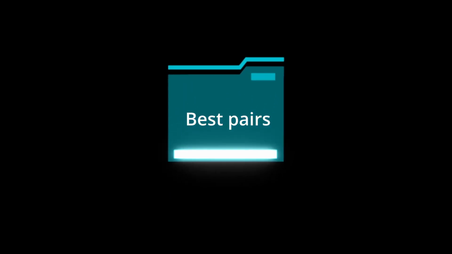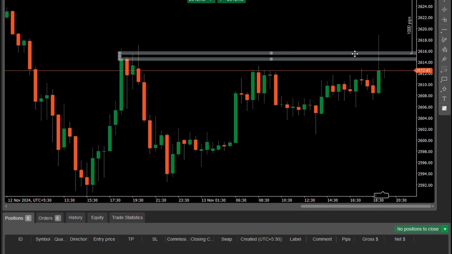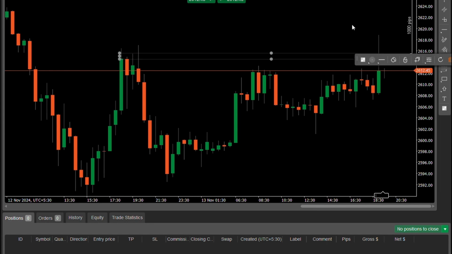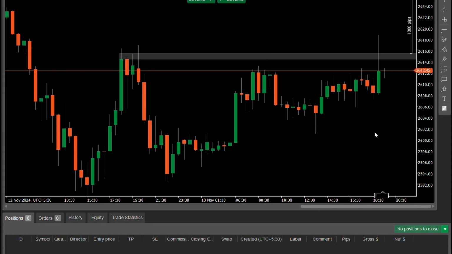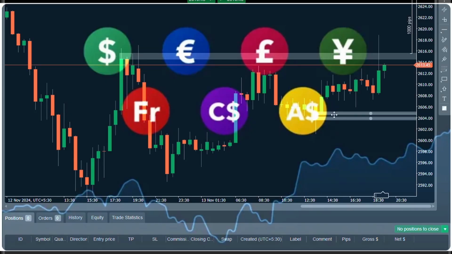Best pairs are chosen according to the session you are trading. In the market, there are several pairs available. These are divided into major pairs and minor pairs. Major currency pairs are any pair that includes the US dollar, which currently holds the position of the largest economy in the world. Major pairs are the most widely traded currencies in the foreign exchange market.